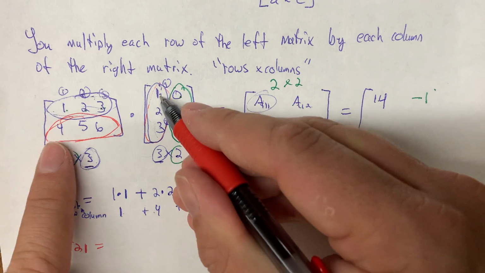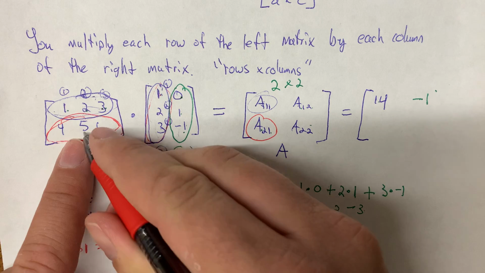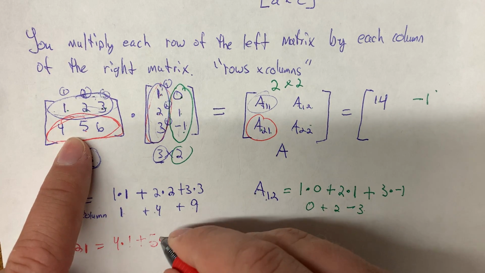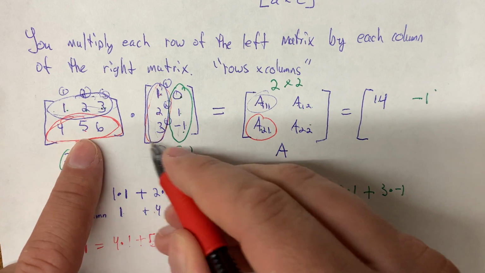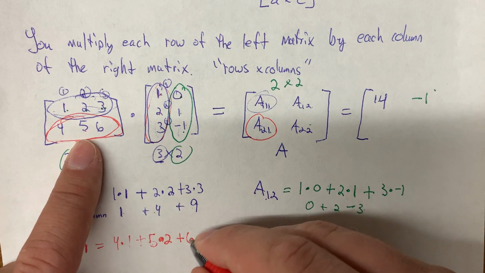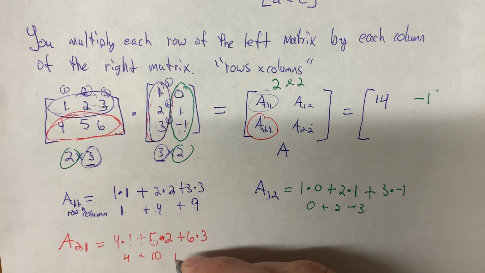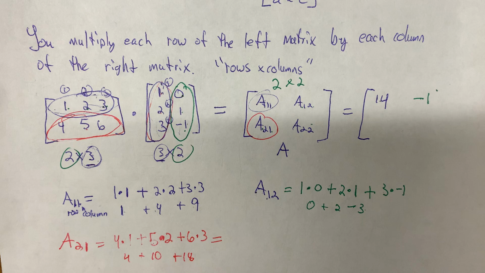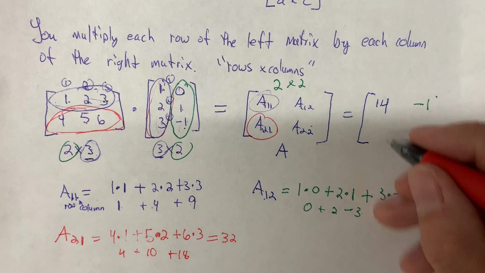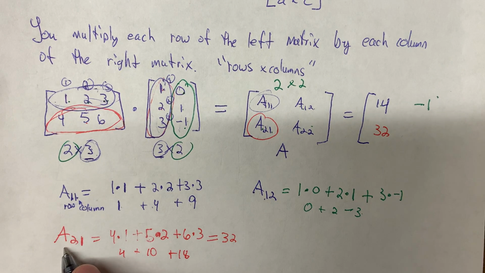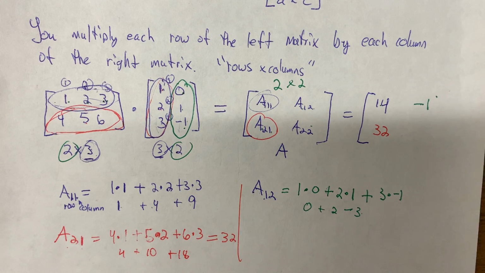And hopefully we see it's the first times the first, so 4 times 1, plus the second times the second, 5 times 2, and the third times the third, so 6 times 3. And we can simplify this. This is 4 plus 10 plus 18, and that adds up to be 14 plus 18 is 32. So that is the number this is equal to, 32. So A21 is 32.